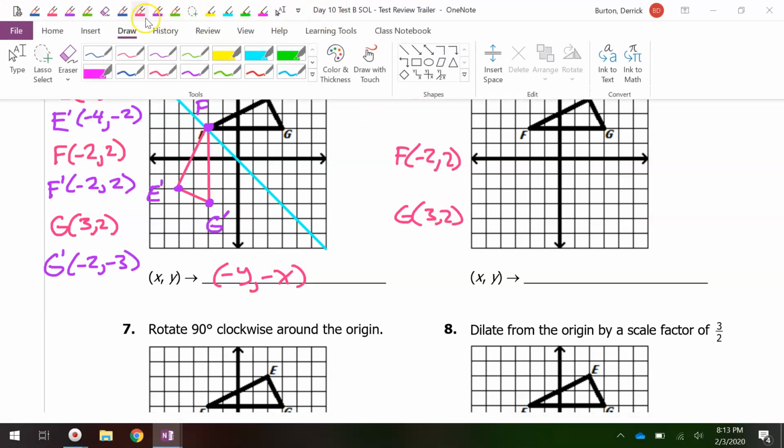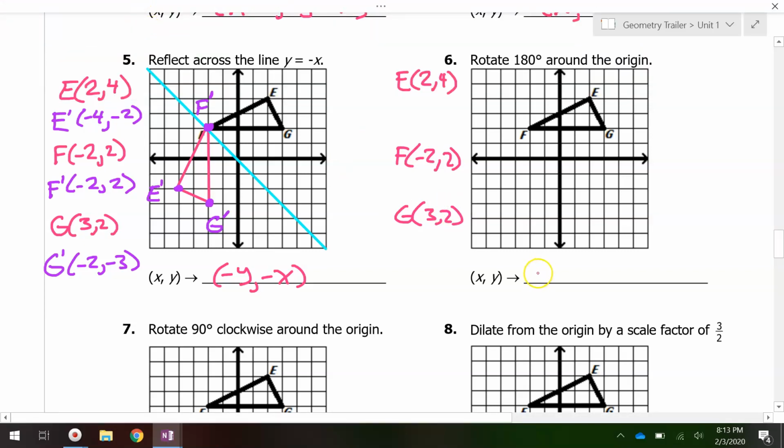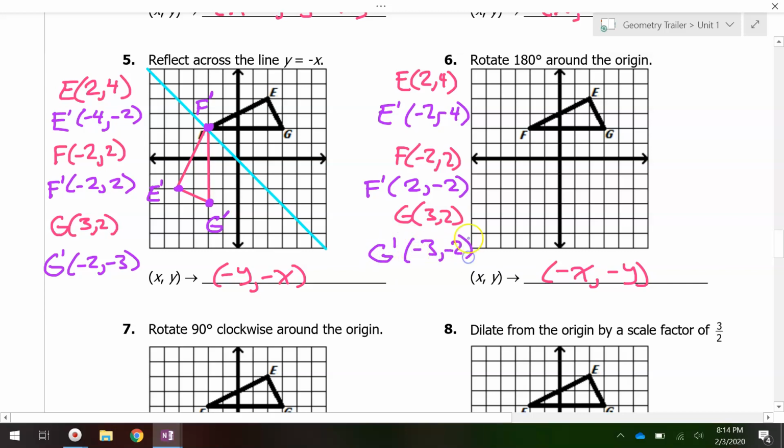The rule for a 180-degree rotation, we know the rule is going to be opposite of x, opposite of y. So that is what I am about to do. So that means E prime is going to be negative 2, negative 4. All right, opposite of x, opposite of y. F prime is going to be positive 2, negative 2. And G prime is going to be negative 3, negative 2.